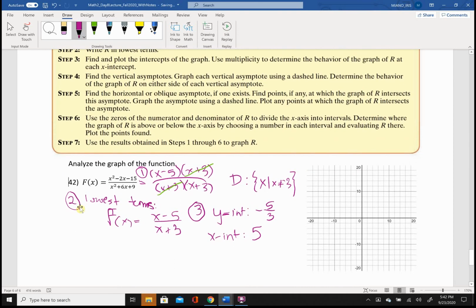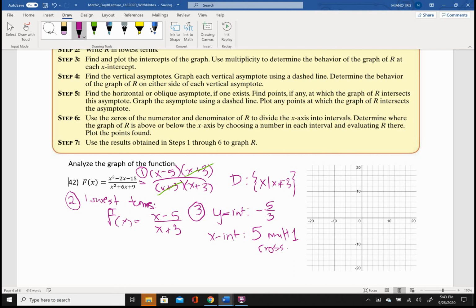Oh, multiplicity. The multiplicity of the denominator stuff is a 2, but that doesn't have any bearing here. The multiplicity for the x-intercept, there's only going to be 1, and it is multiplicity 1. So it's going to be across.